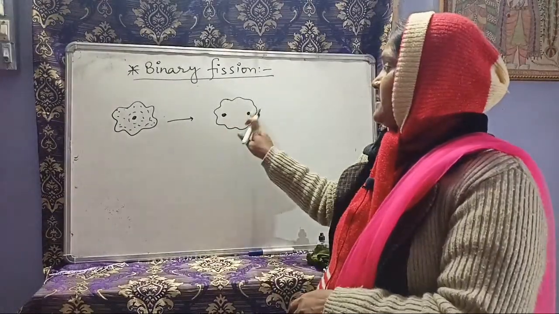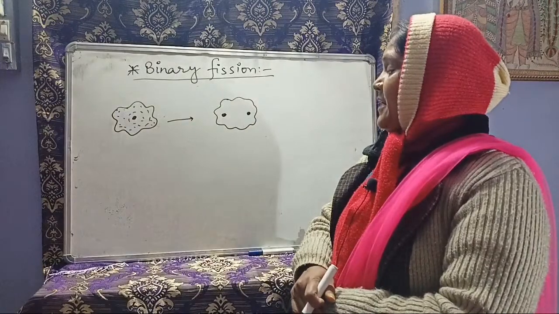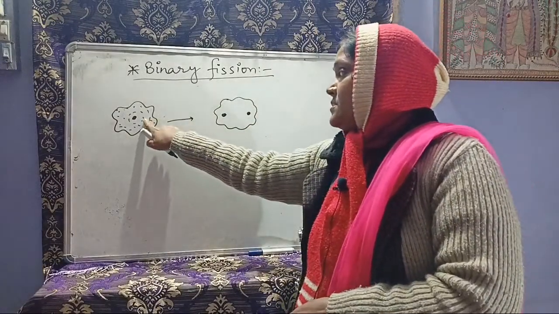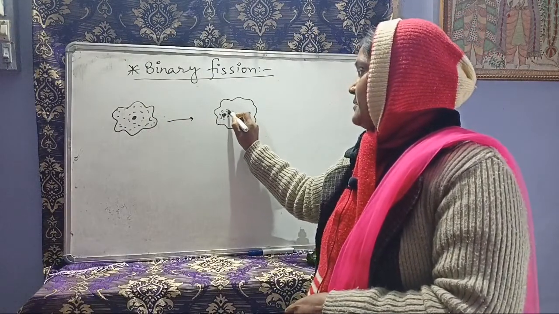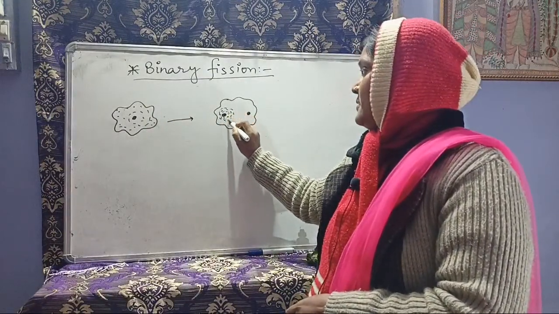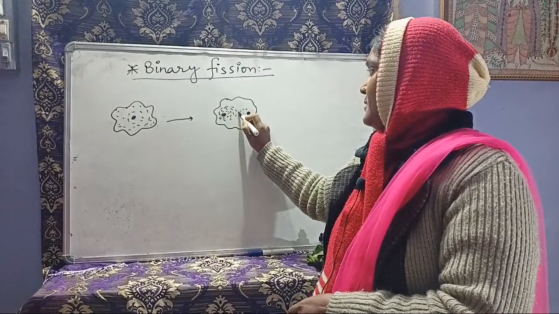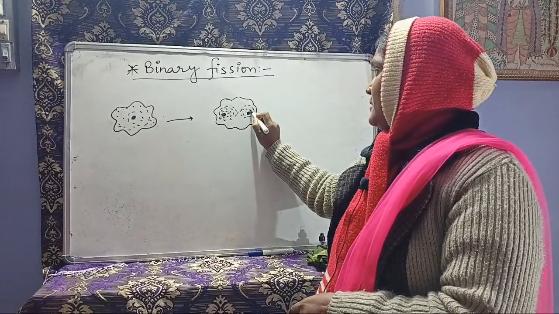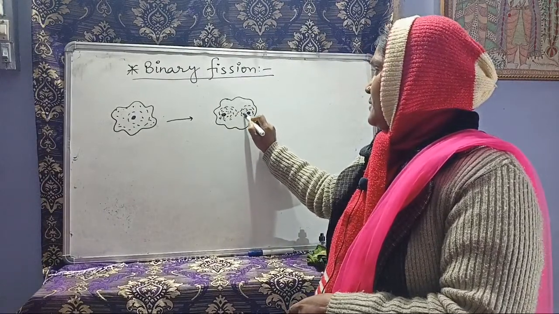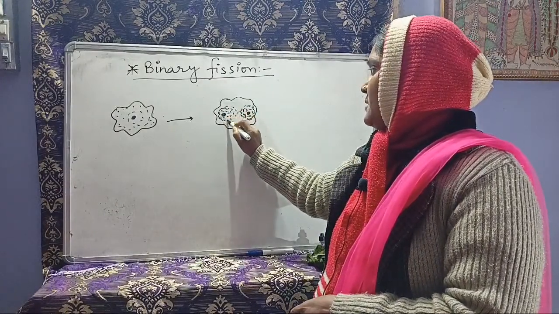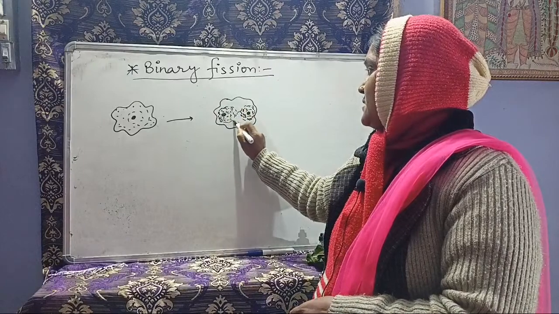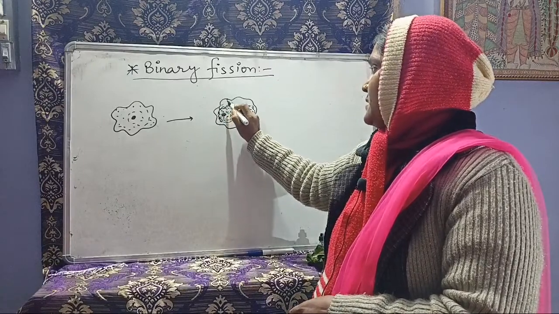Nuclear division takes place, and after that cytoplasmic attraction: cytoplasmic mass is attracted towards nucleus.